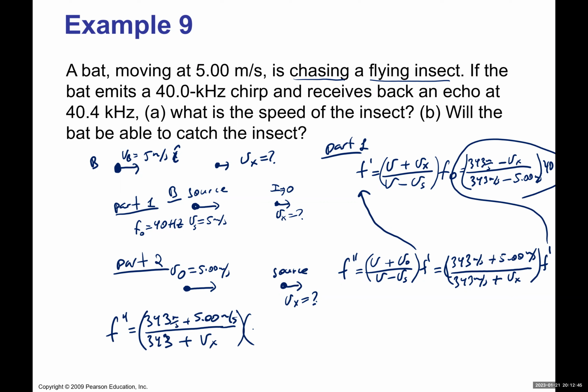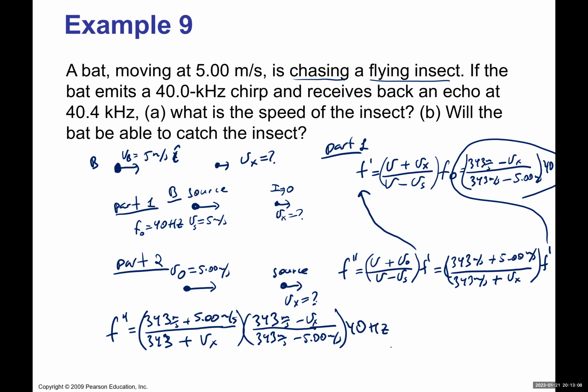And we say that this is basically the same as 343 meters per second minus Vx, then 343 meters per second minus 5 meters per second, times 40 hertz. And that's what I have.